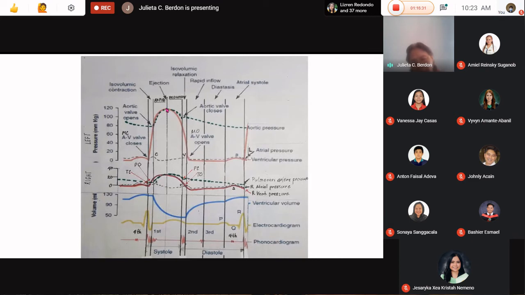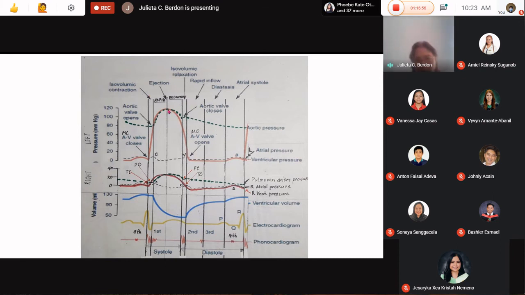This peak aortic pressure is your systolic pressure in your blood pressure, which you take as 120 over 80. It can be 160 over 90, meaning your aortic pressure reached 160. But we're just taking the average normal, which is 120, to represent.